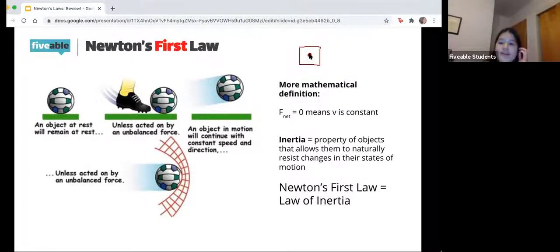Some people make the mistake of saying, oh, if there's any force acting upon it, it's not balanced. But I'll give you an example of when net force equals 0, but there are forces. Let's say I'm kicking a ball, and it's going this way.